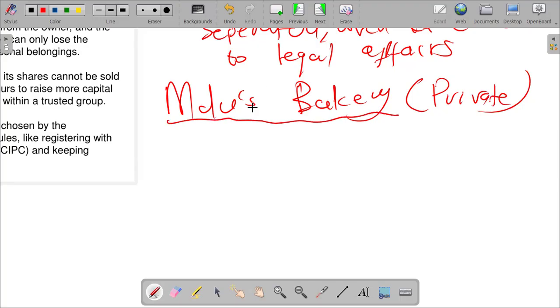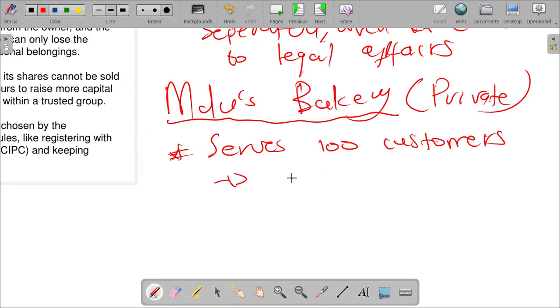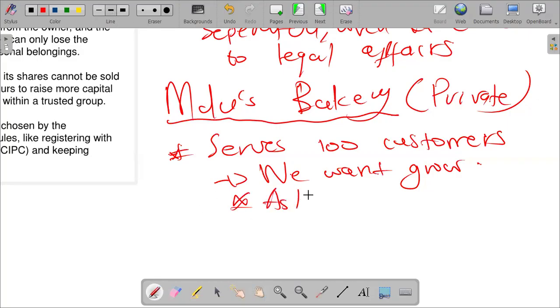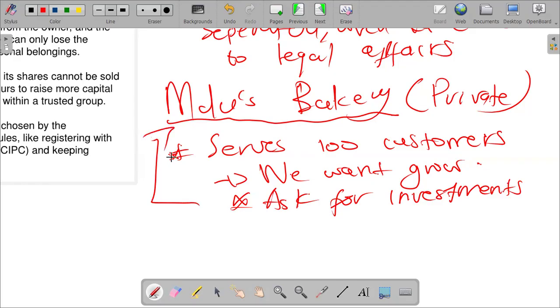For now, the business serves only 100 customers, but we want to grow the business. So what do we do? We ask for investments. But remember, this money might come back to Mduduzi's.